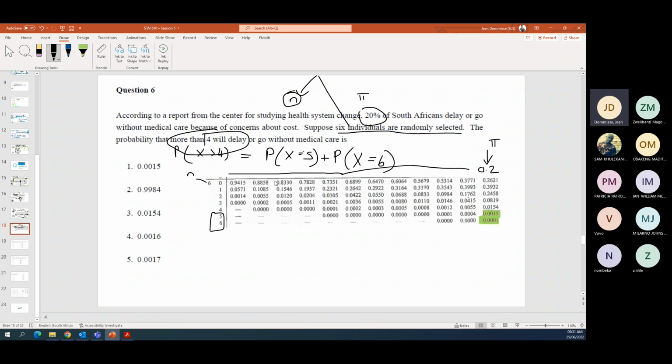And we see that, again, that answer, if we add it together, will be 0.0016, which is option 4. So again, if you look at this, you said, oh, it's x4, there would have been an option for you.